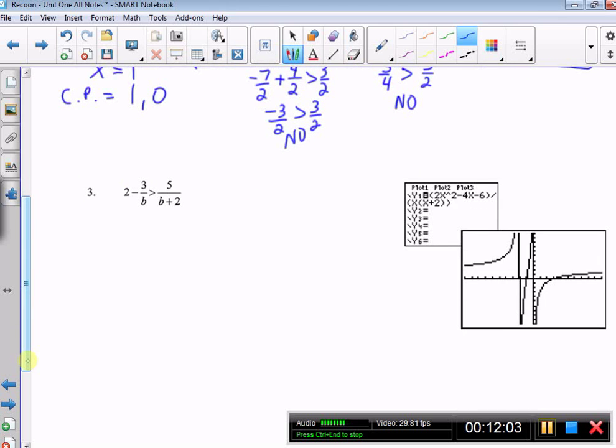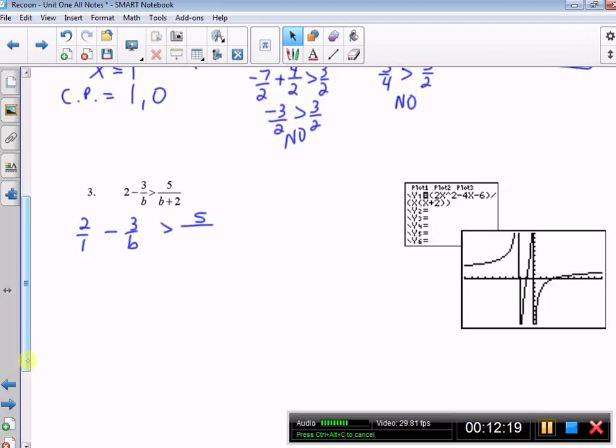Okay, so for number 3, we have 2 over 1 minus 3 over b is greater than 5 over b plus 2, but I'm going to subtract that. So I'm just going to do that right away and make it minus 5 over b plus 2 is greater than 0.